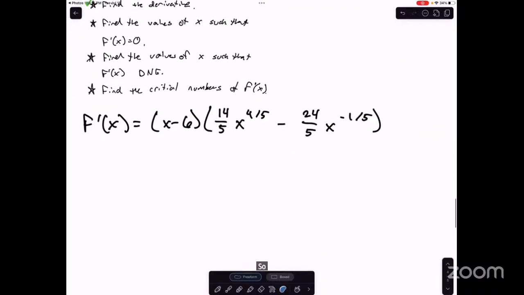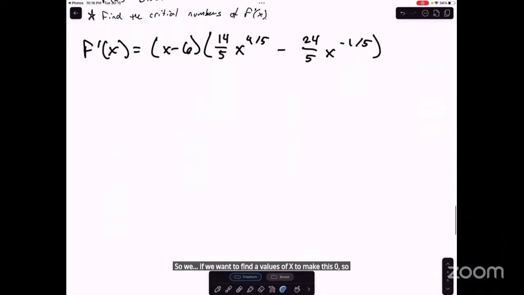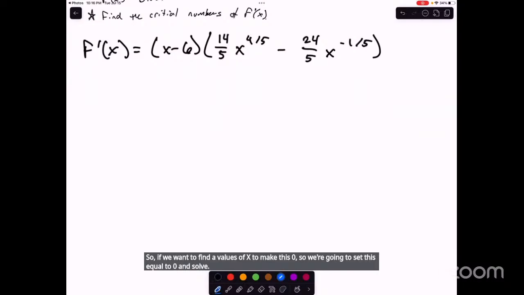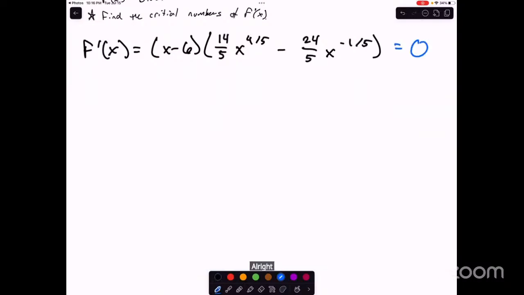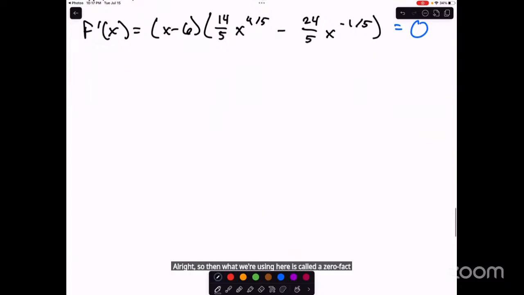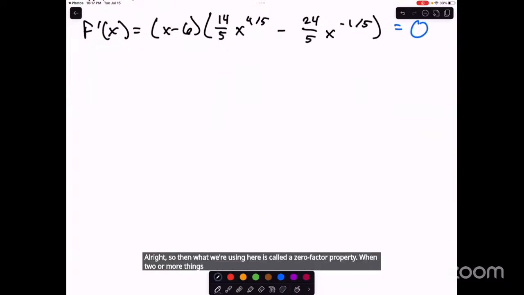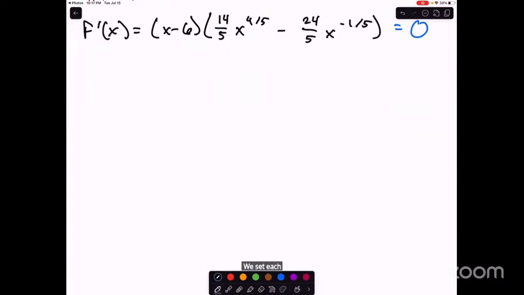So if we want to find the values of x that make this 0, we're going to set this equal to 0 and solve. So what we're using here is called the zero factor property. When two or more things multiply to give us 0, we set each factor to 0 and then solve, right?